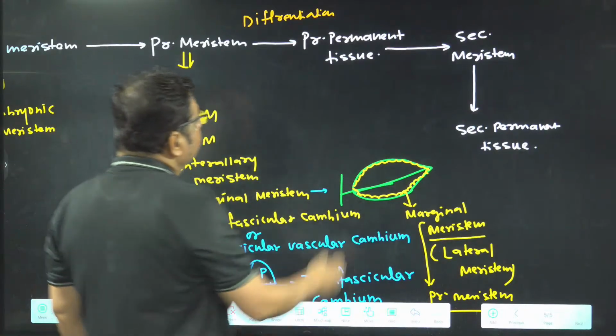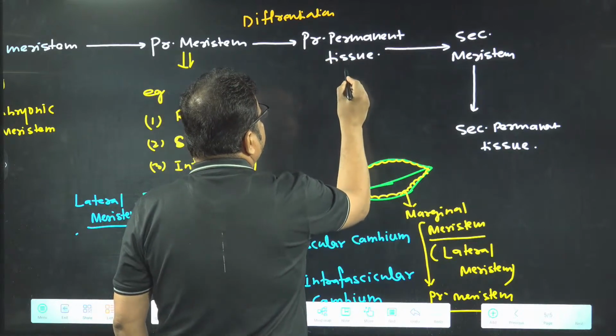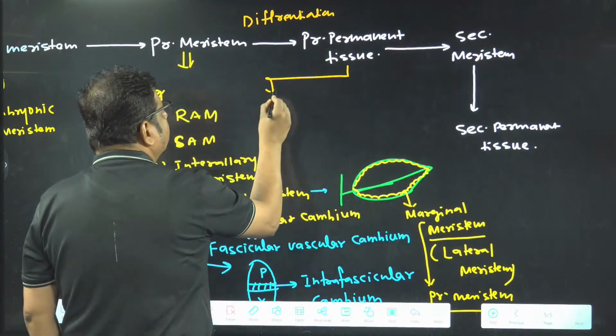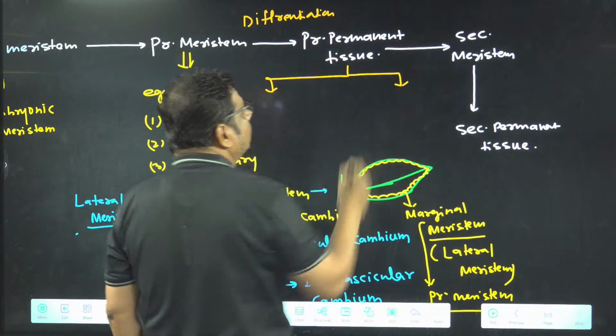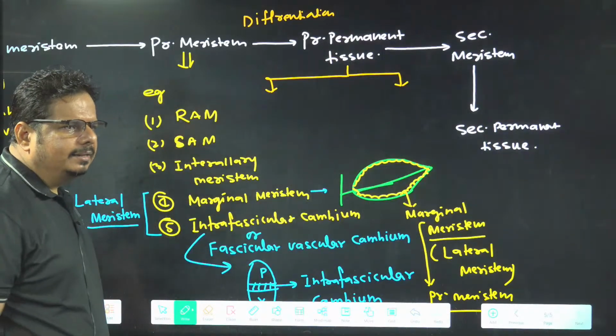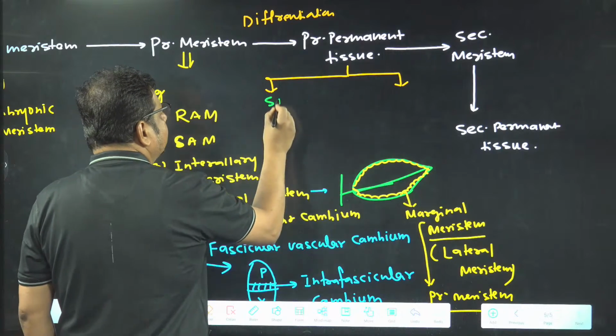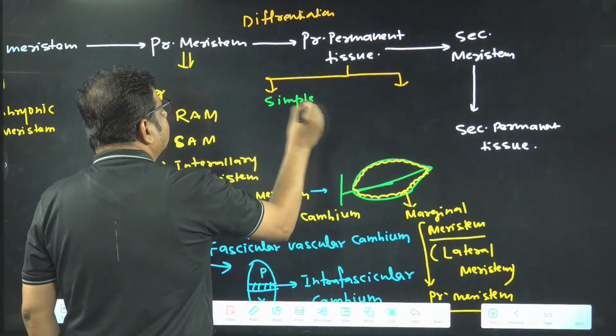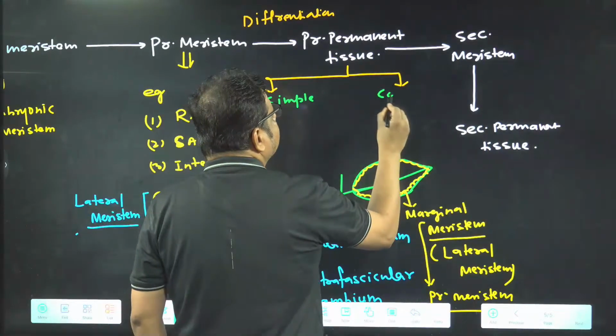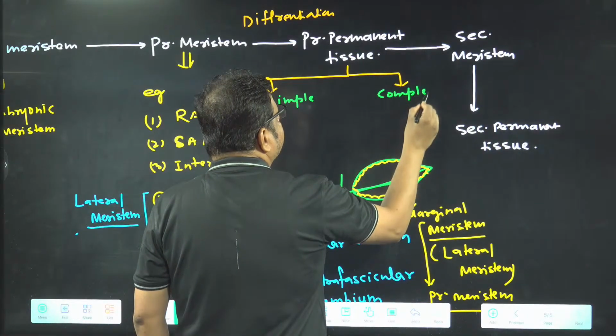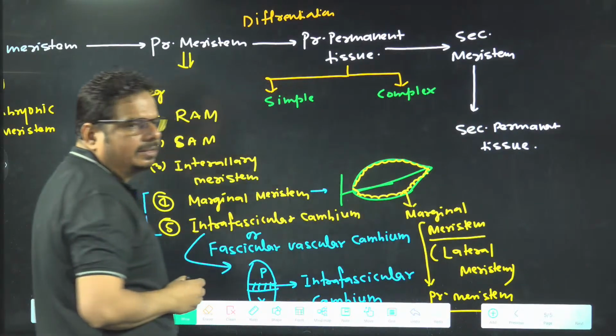Right? So these primary permanent tissues are of two types. One is simple permanent tissue, another is complex permanent tissue.